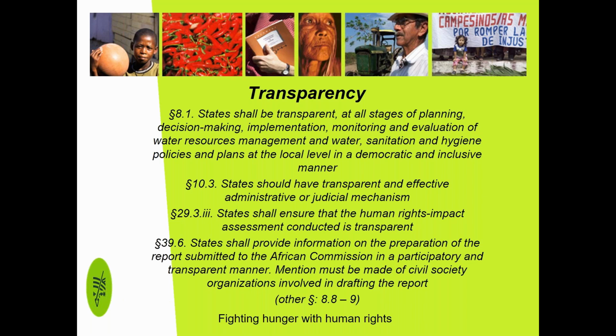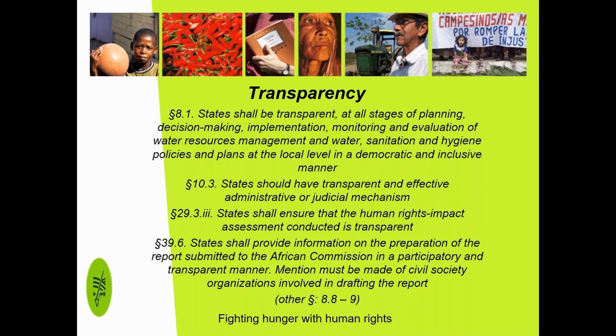And of course, the state should have put in place administrative and judicial mechanisms, which are also transparent, to provide remedies, where they can give decisions in a transparent manner, and decisions which are trustworthy. This is why transparency is very important.